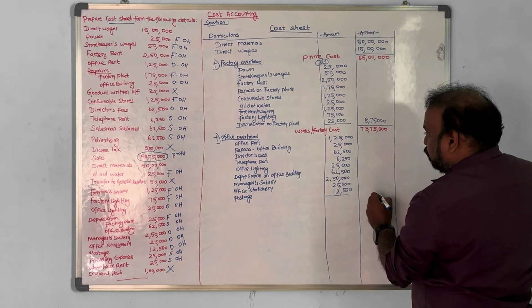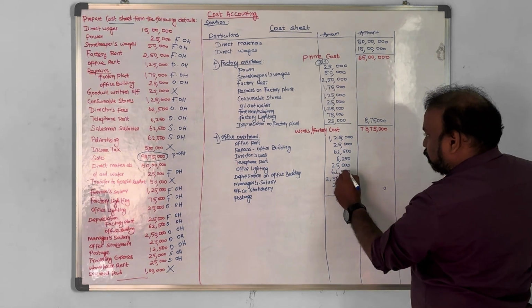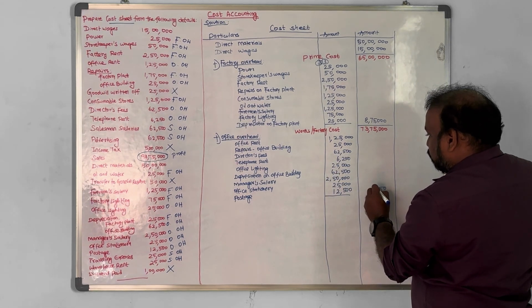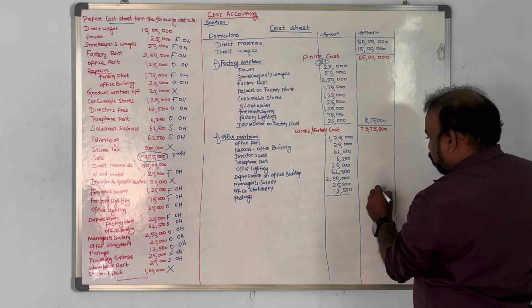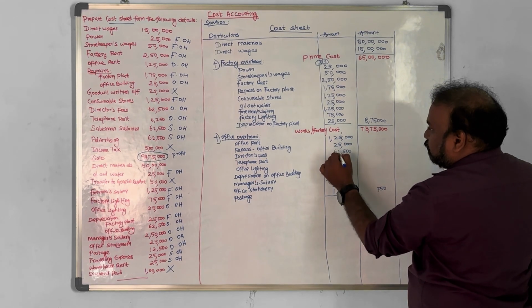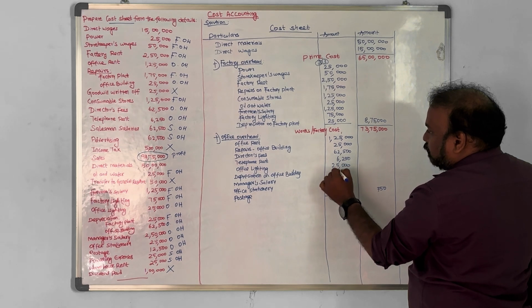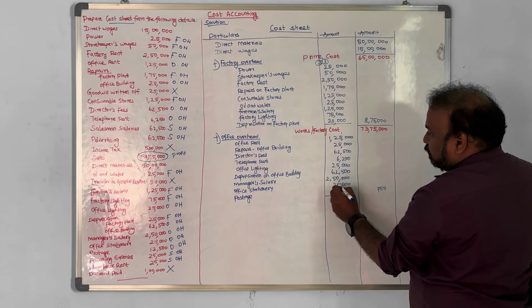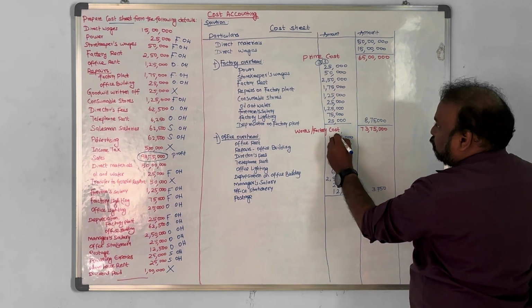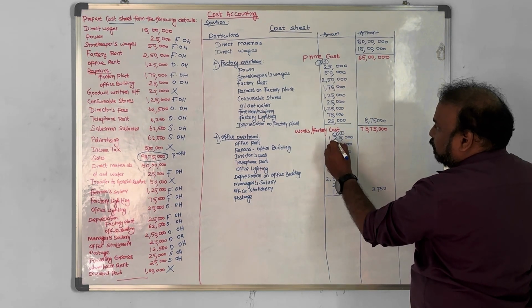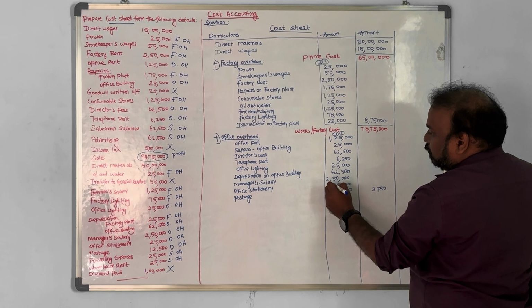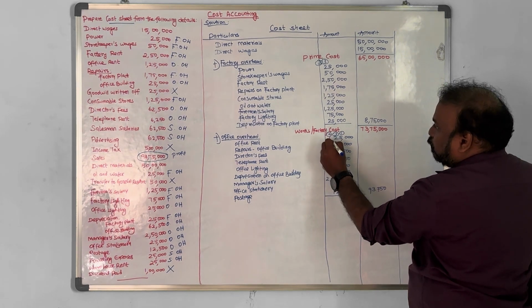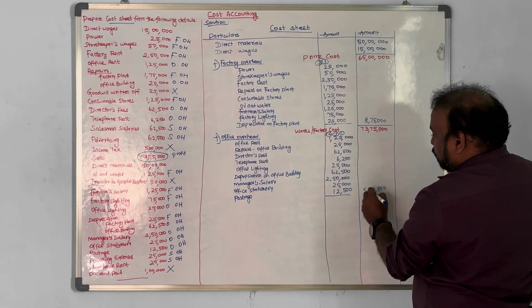When you add, you will get office overhead 5,93,750.